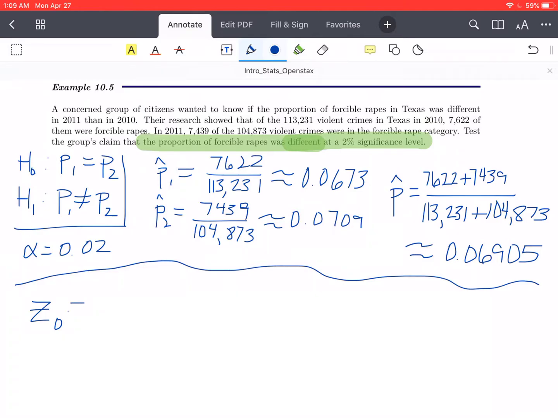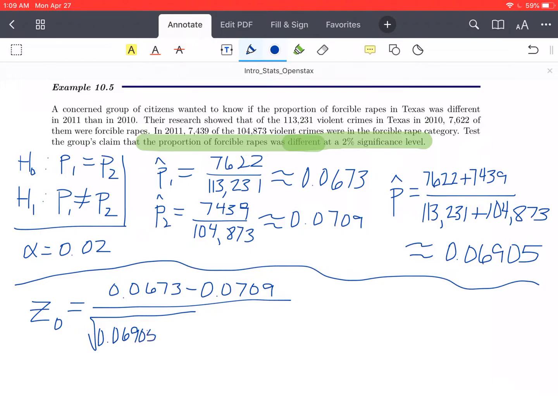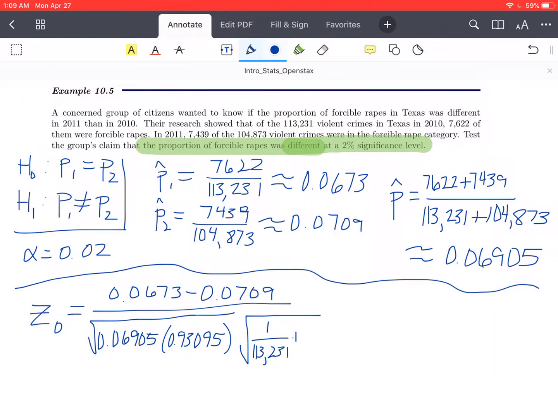Then we have our test statistic, Z0. So we do P1 hat, 0.0673, minus P2 hat, 0.0709, over the square root of P hat times 1 minus P hat, so 0.06905 times 0.93095, times the square root of 1 over 113,231 plus 1 over 104,873.